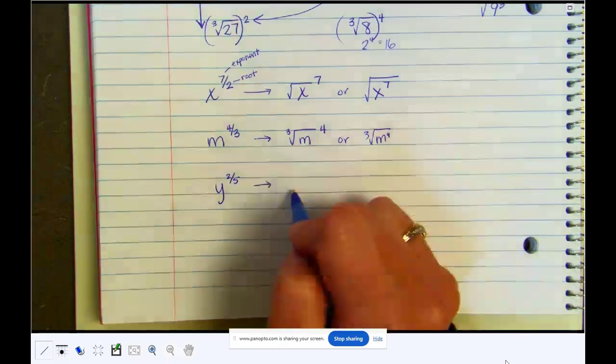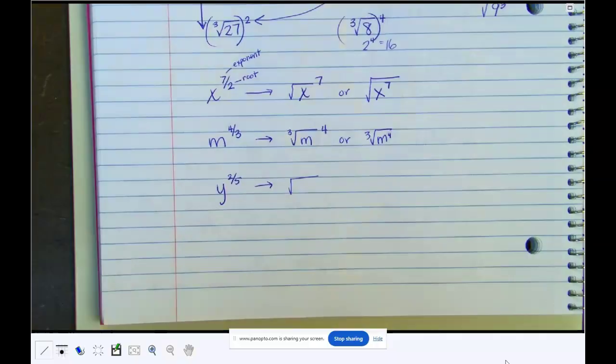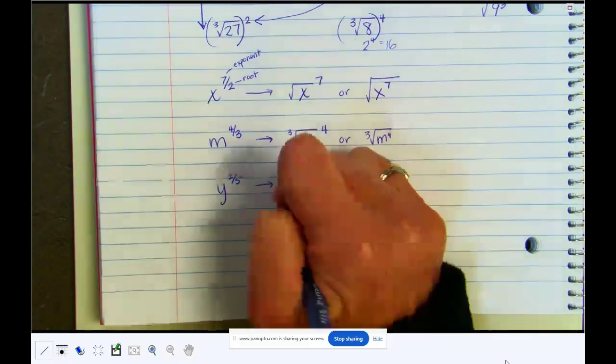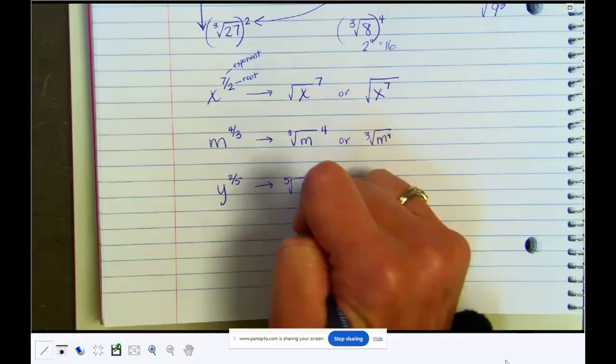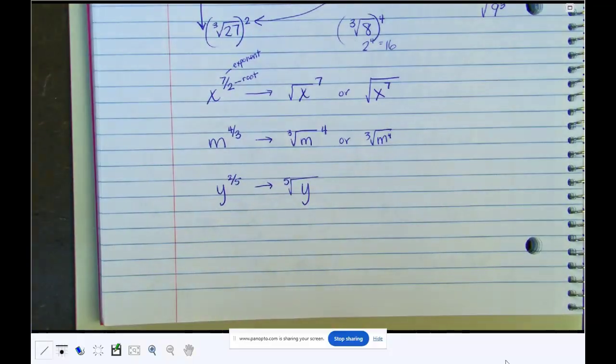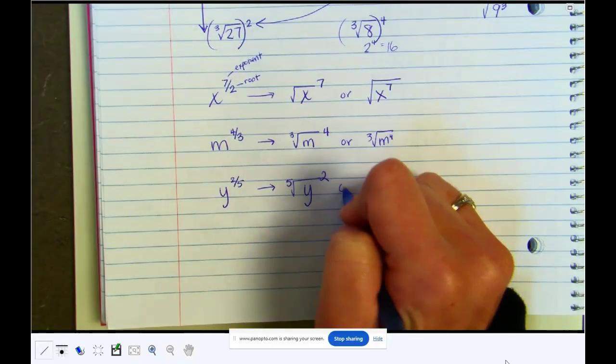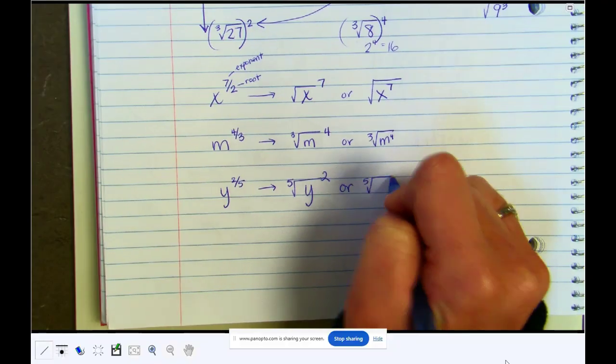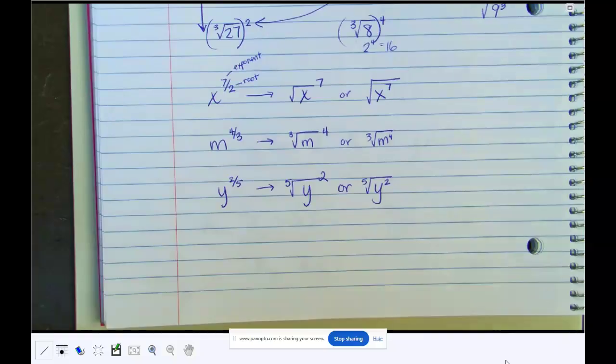Okay, so what root do we have? 5th root. Okay, y and then what? 5th root y squared.